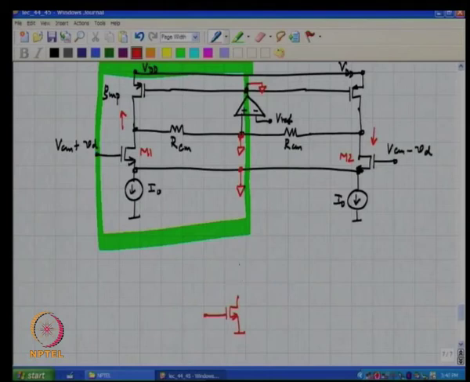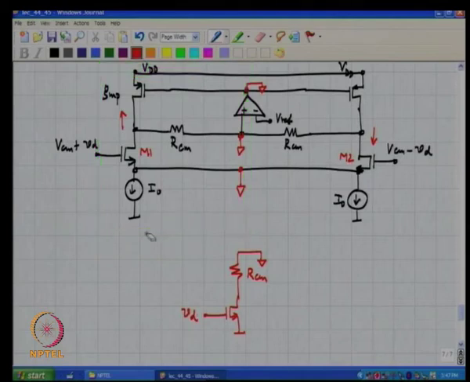We have RCM, assuming the PMOS transistor has got infinite output impedance. Is this clear?